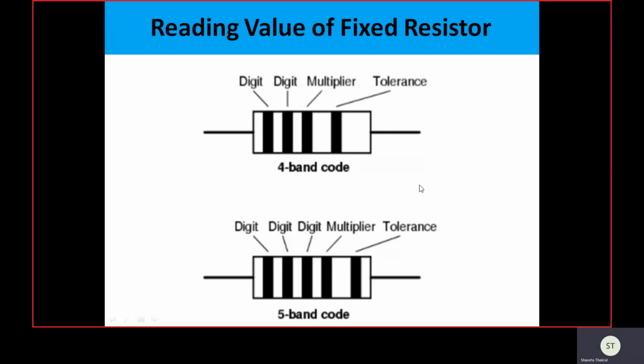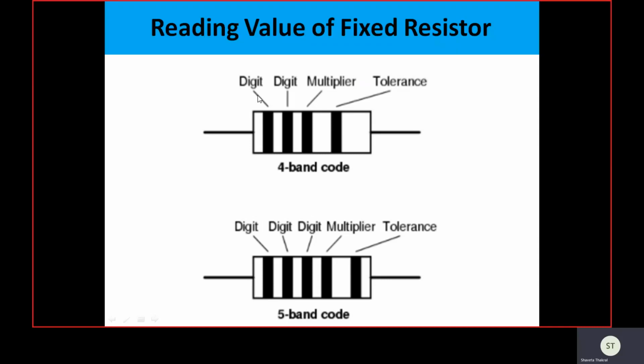So how can we calculate the fixed resistor value? In the resistor we have the color coding that can be a 4-band code or a 5-band code. In the 4-band code we can see color coding with 3 bands for the calculation of value and the 4th band for the tolerance.